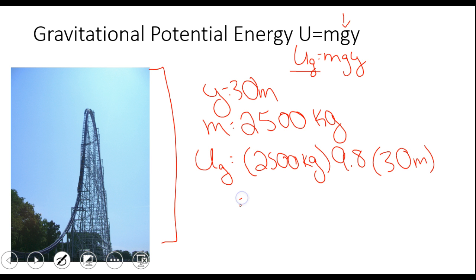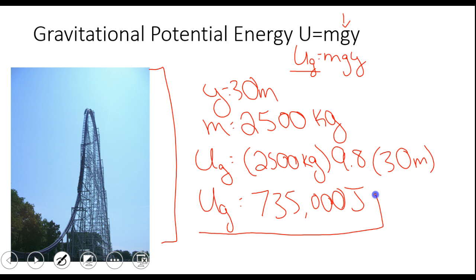And so I will find that this roller coaster has a total energy of 735,000 joules, and that is its ability to fall.